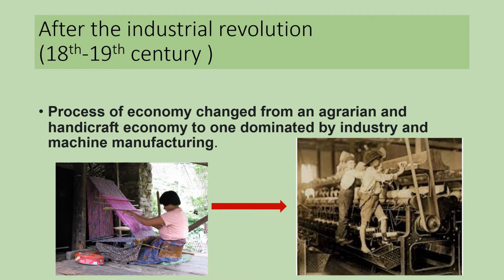Machines were produced to do many of the manual work done earlier. For example, powerloom machines came into use instead of handlooms done by people earlier.